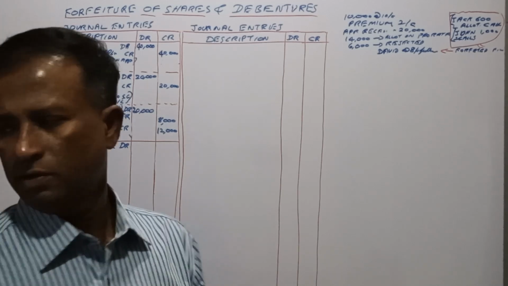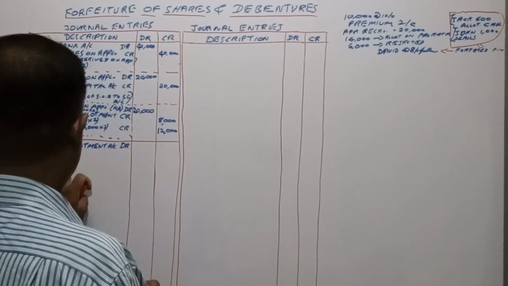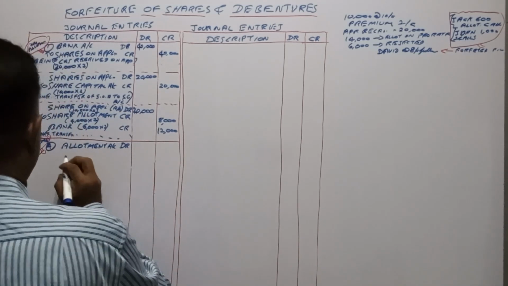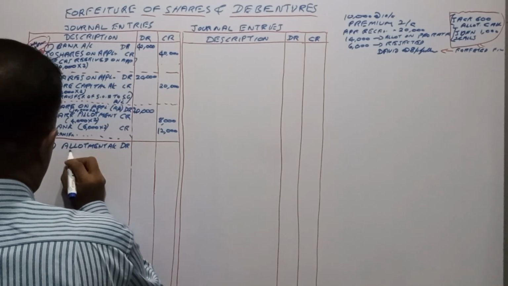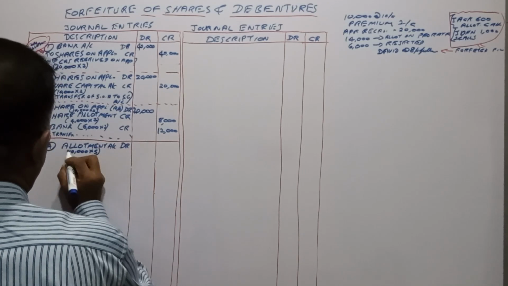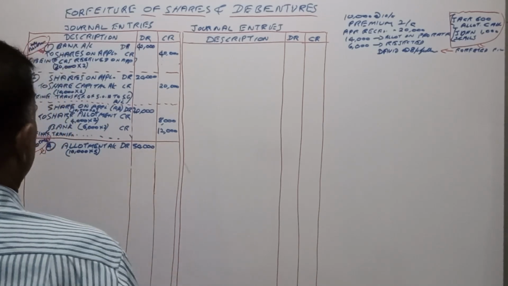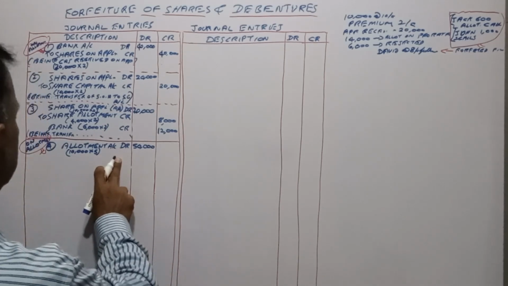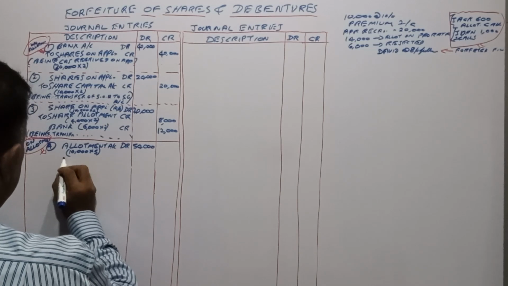So allotment account debit: 10,000 into 5 rupees, that is 50,000.